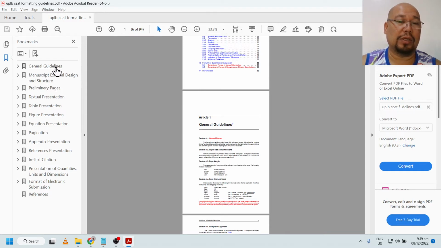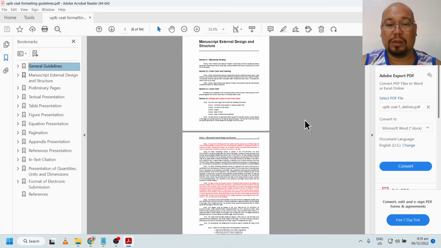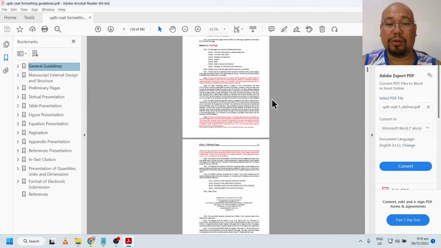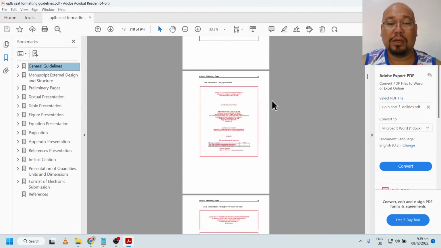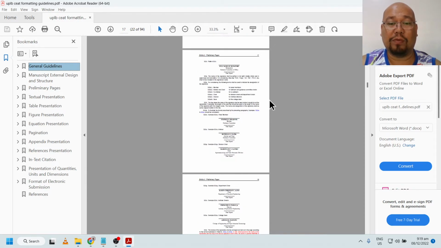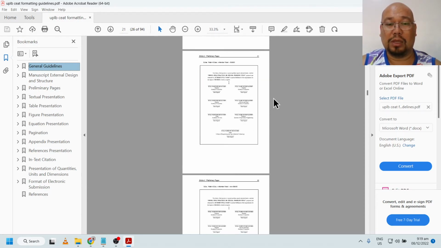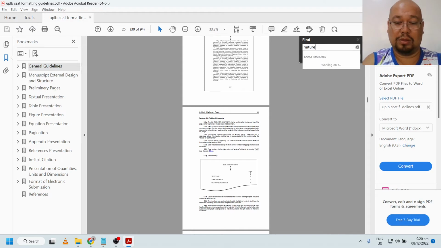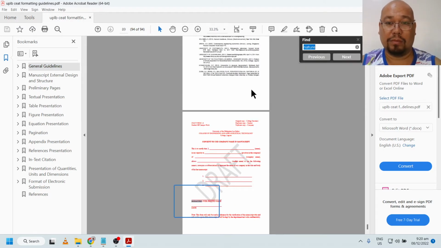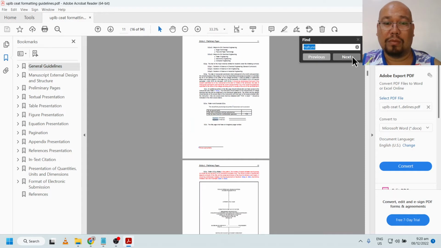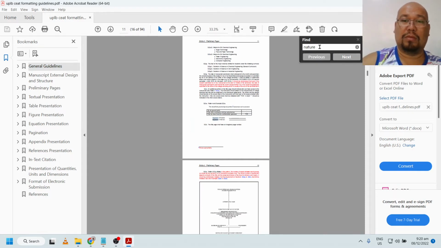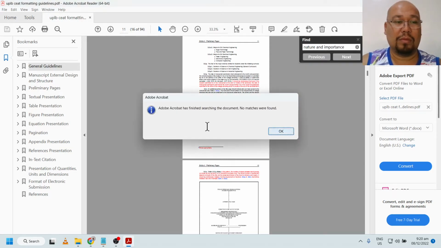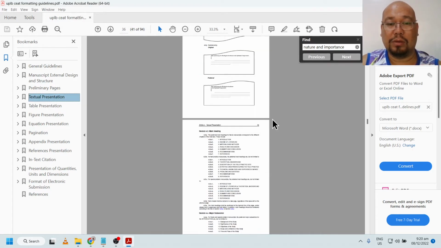Design and structure, general guidelines. Now the nature and importance of the study. Significance of the study. It has 4 parts. Let me find that one first. Textual presentation. Okay.